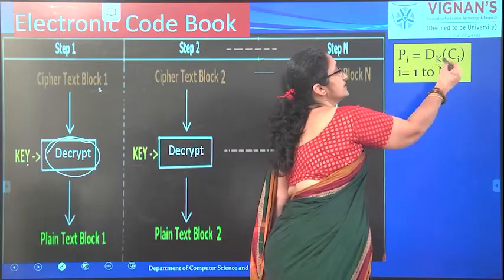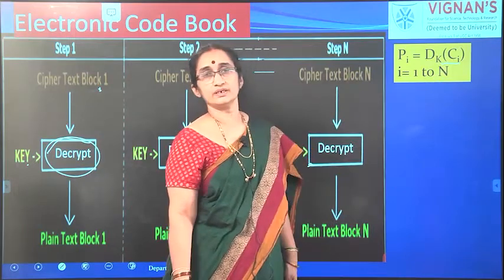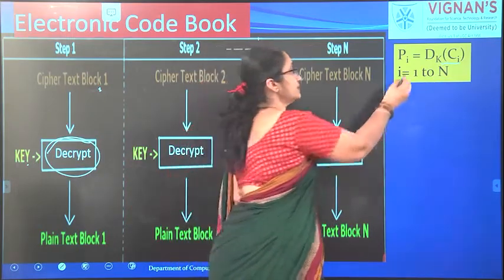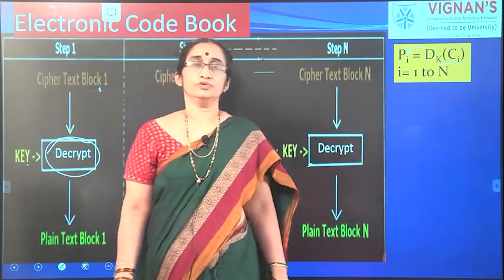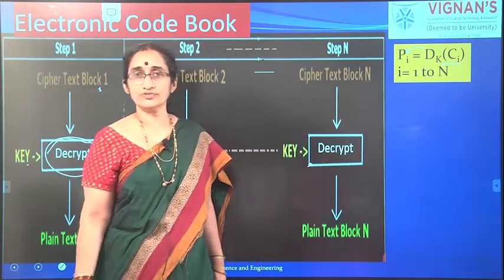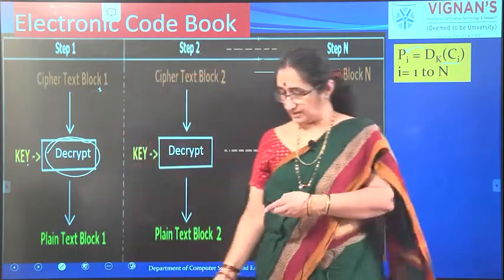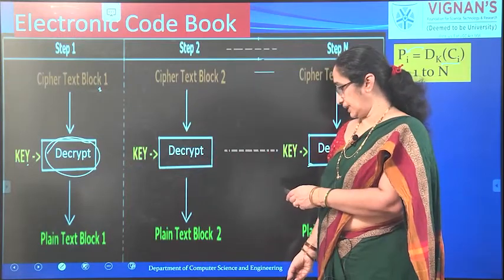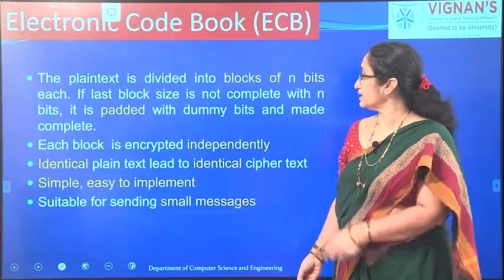You use the same key and the ciphertext as input to the decryption algorithm and you get back the plain text. If there are n blocks of ciphertext, you get back n blocks of plain text. Now we will see the working, benefits and disadvantages of this algorithm.